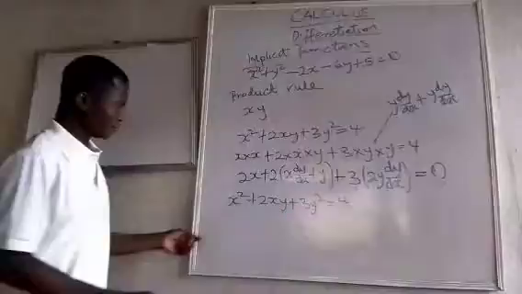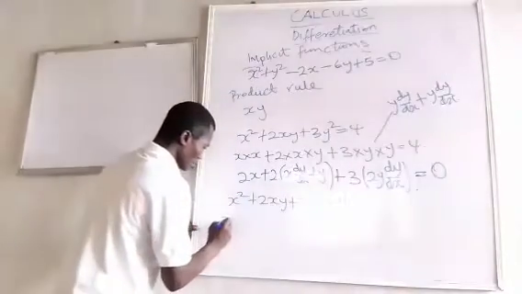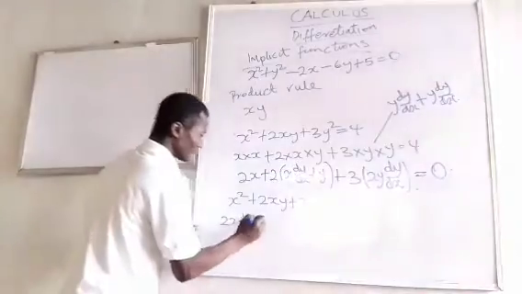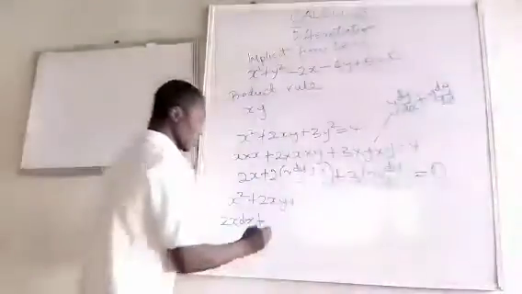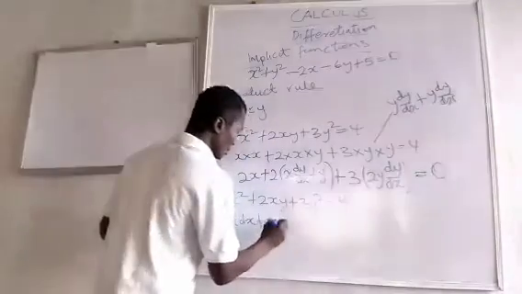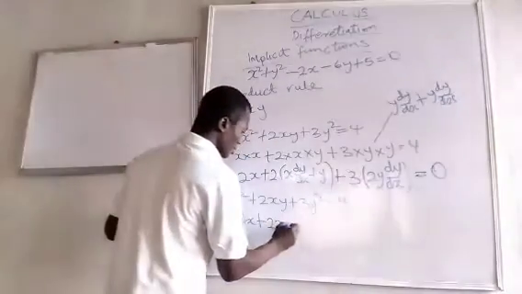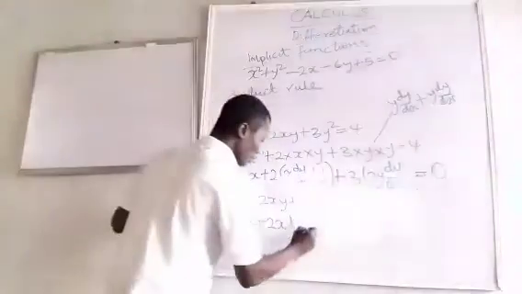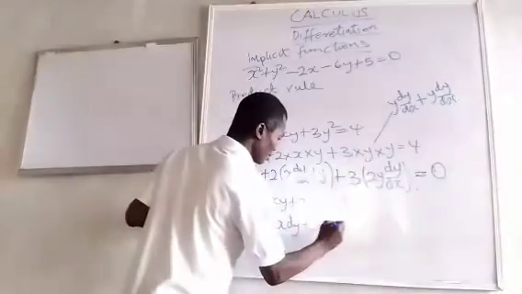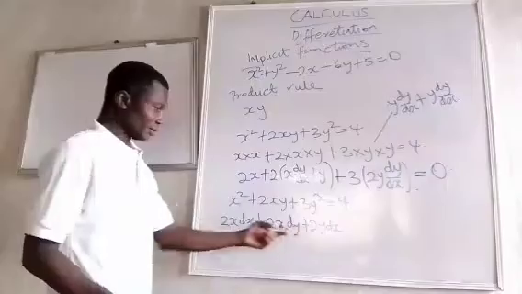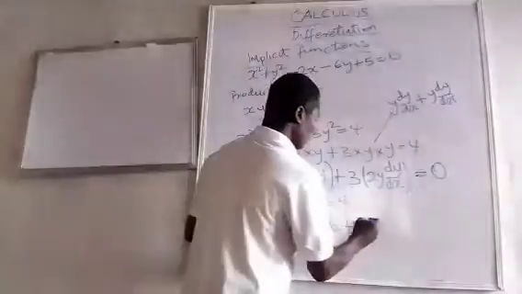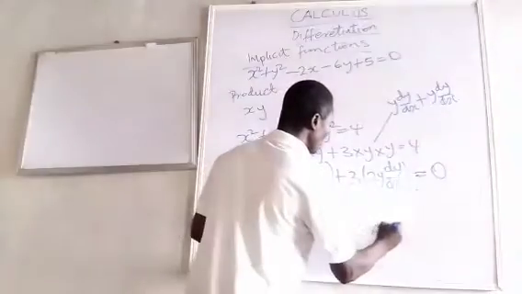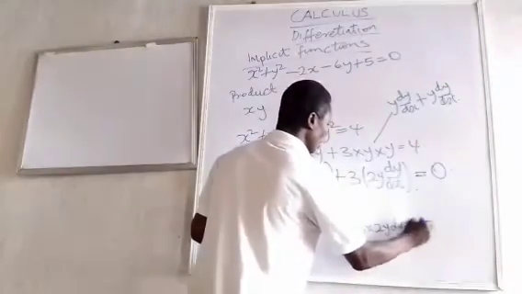This one is x squared, I just write 2x dx. Plus this one is going to give me 2x dy plus 2y dx. Plus 3 times 2y dy is equal to 0.